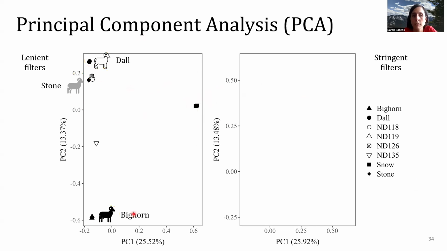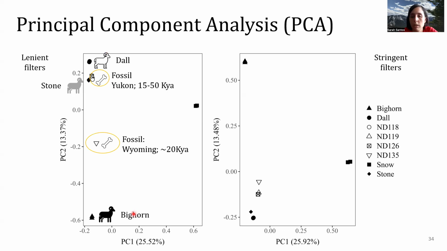And then we looked specifically at the fossil record. The Yukon samples cluster with stone and Dall, which is expected given their distribution. But the Wyoming sample, which was a bit striking, was placed between bighorn and thin-horn sheep, which means that it is a potential hybrid lineage.